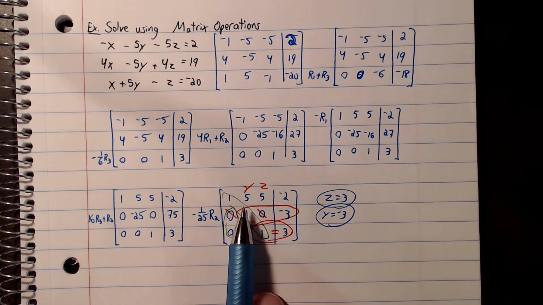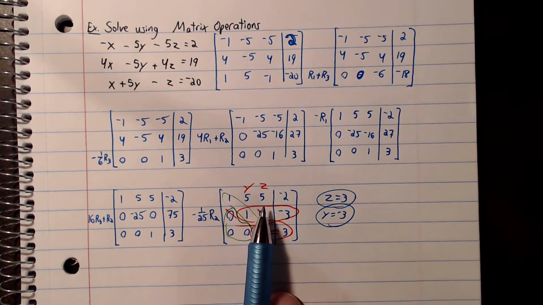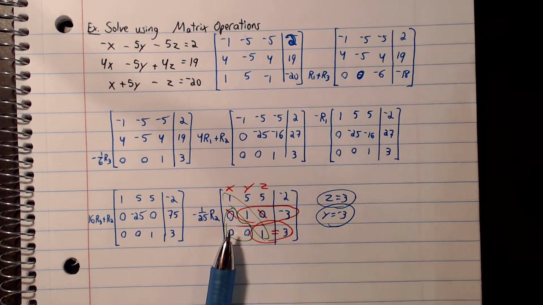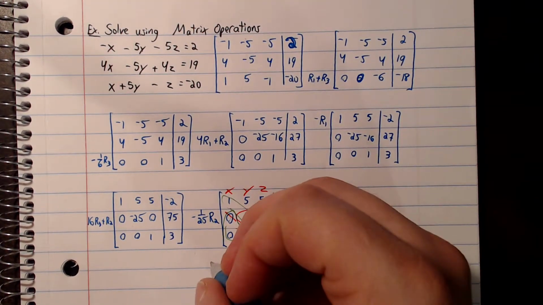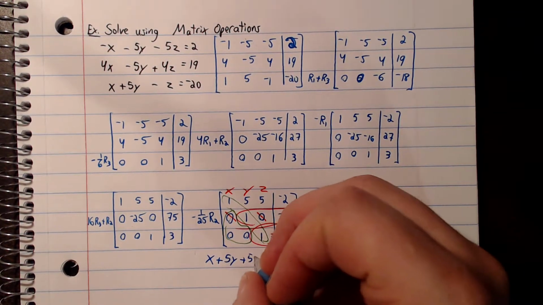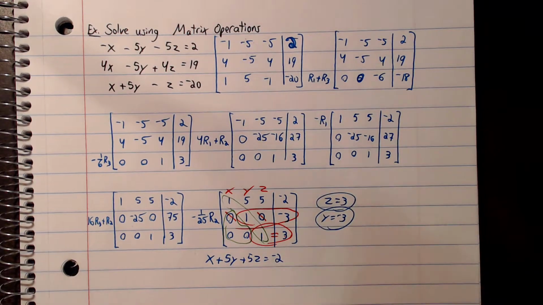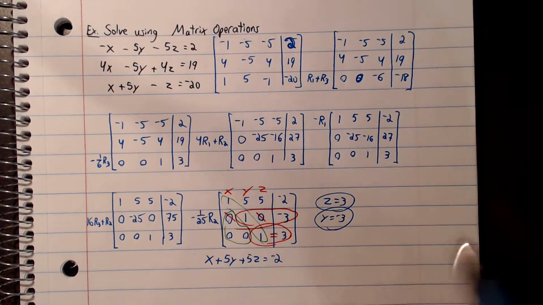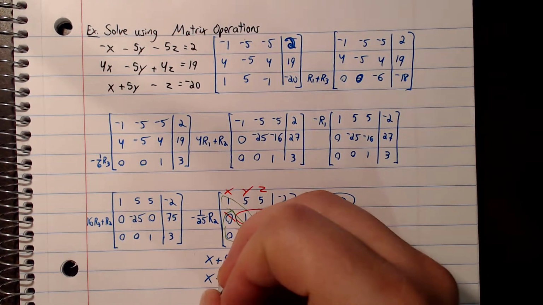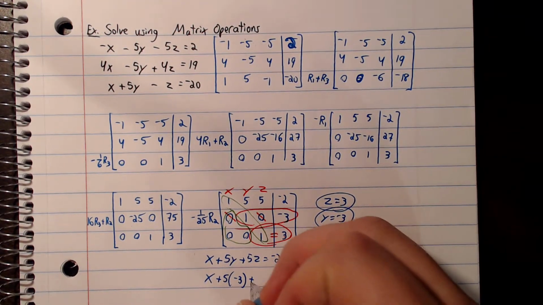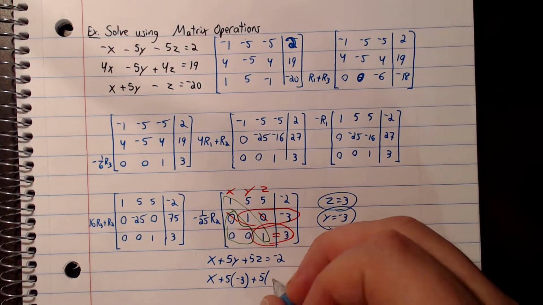But now we have some things in our y and z columns along with our x. So this is what's happening. We've got x plus 5y plus 5z equal to negative 2. But luckily, because we already know some of these things, we can substitute back in. We are trying to find x. 5 times negative 3 plus 5 times positive 3.